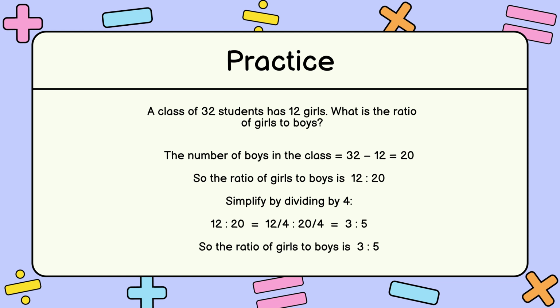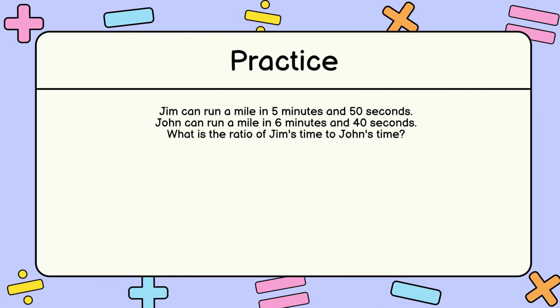So, now the ratio of girls to boys is 12 to 20. But, any ratio needs to be simplified. So, see if you can divide both of them by any number other than 1. Yes, we get 4. So, the ratio is simplified to 3 to 5.